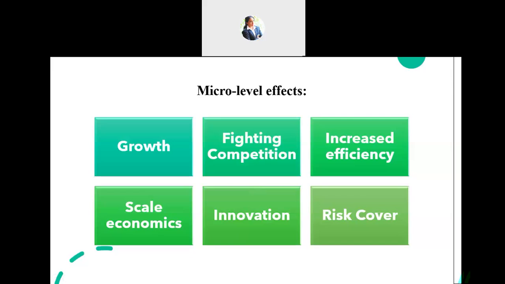The next one is increased efficiency. Whenever a company operates on a global scale, it can select the best opportunities for its expansion. Also, it can always reduce its product cost by global sourcing and utilizing world level technology and talents for its business.